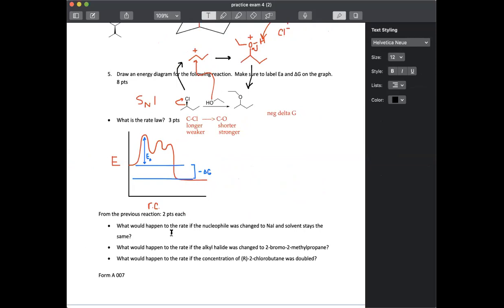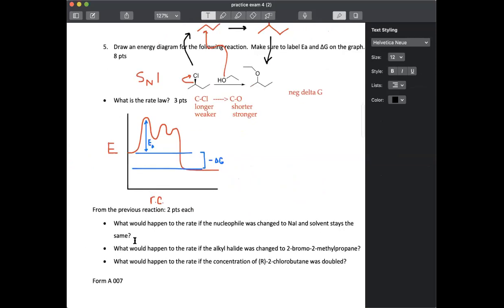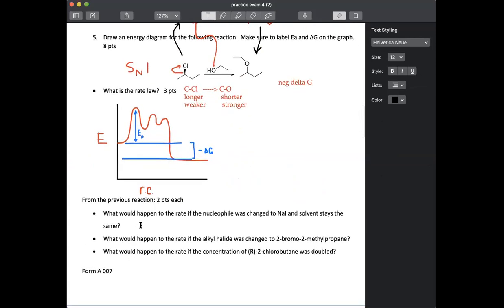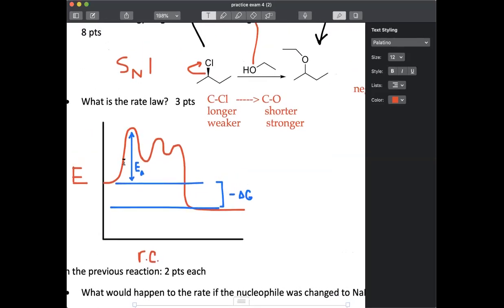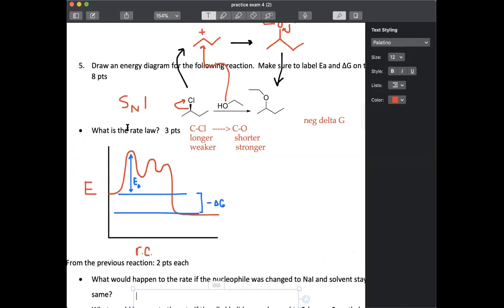So if we change the nucleophile to sodium iodide, and the solvent stays the same, what would happen? It's the rates. Cool. Would the third TS also be the lowest in E? Yes, it would be. So this peak right here is going to be the lowest because, let me go through this.